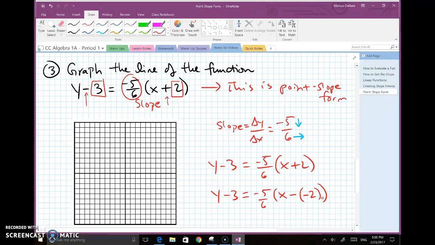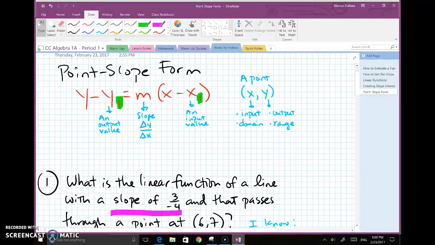Okay, it was like that in the beginning. And then, because of the double negative, it became a positive 2, which means that our original x value was actually a negative 2. Our y value is just positive 3, because that minus sign on the 3 is part of the natural design of point-slope form. It's y minus y sub 1, as you can see over here.